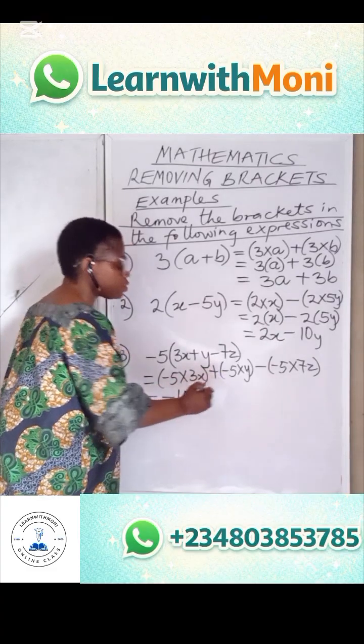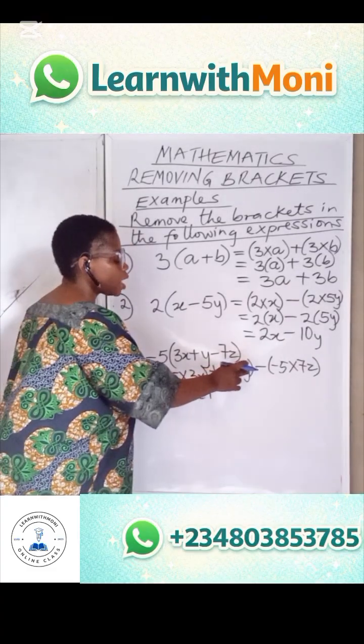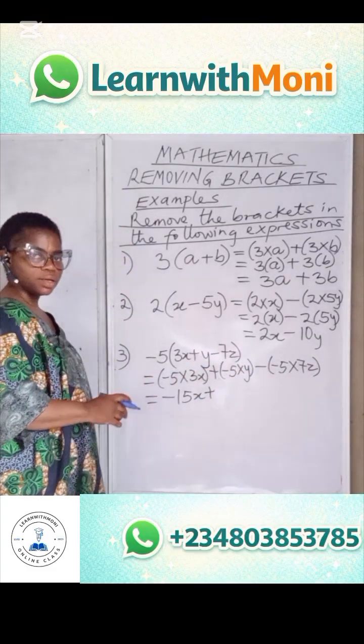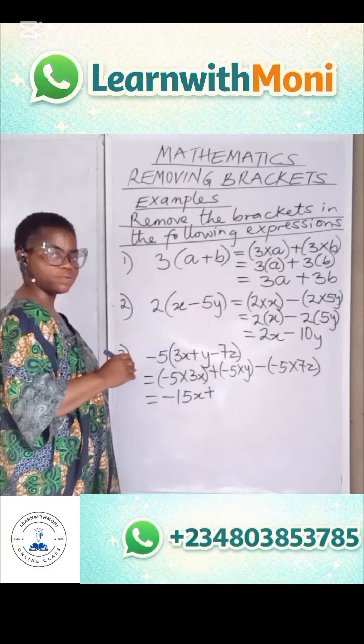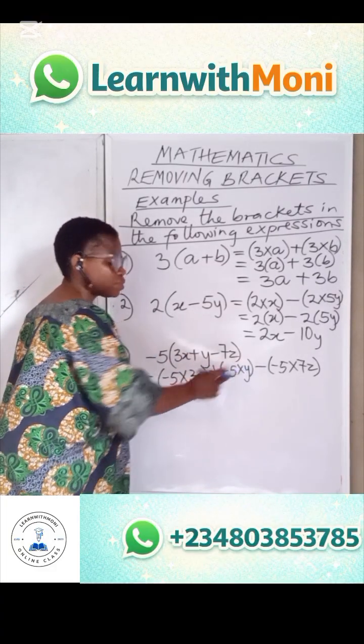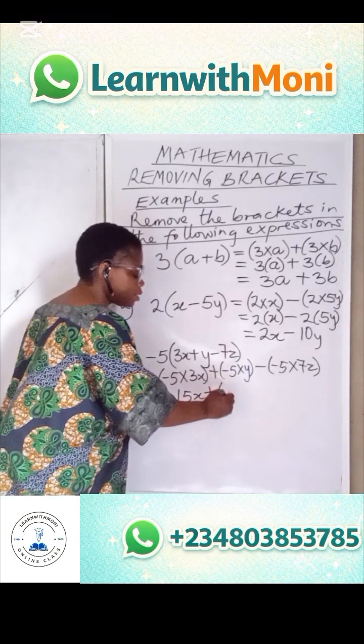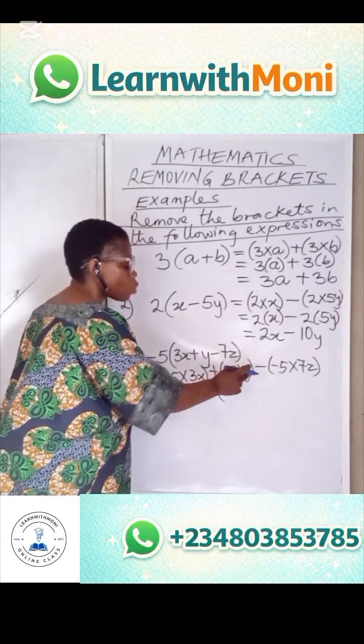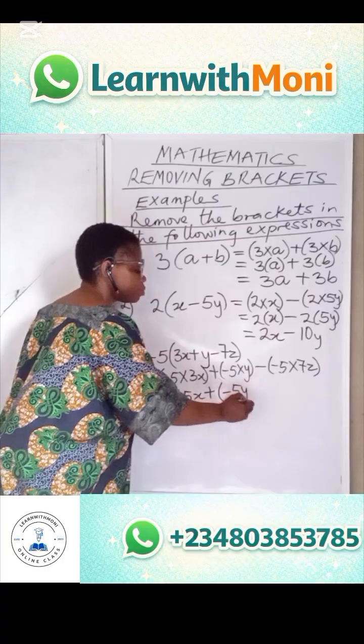Then I have plus. There is no sign in front of this y. That means there is a positive sign in front of that y. So I have minus times the plus in front of the y. That is minus. 5 times y, 5y.